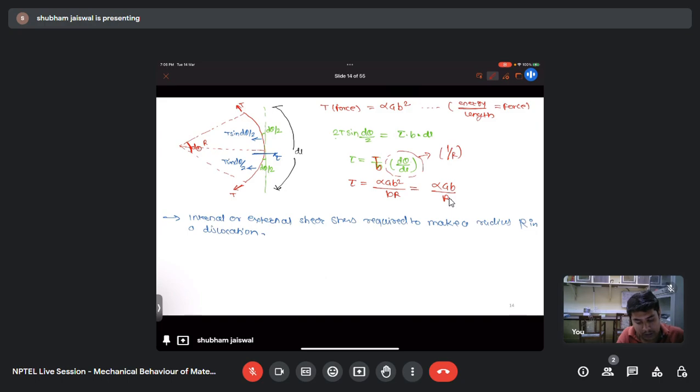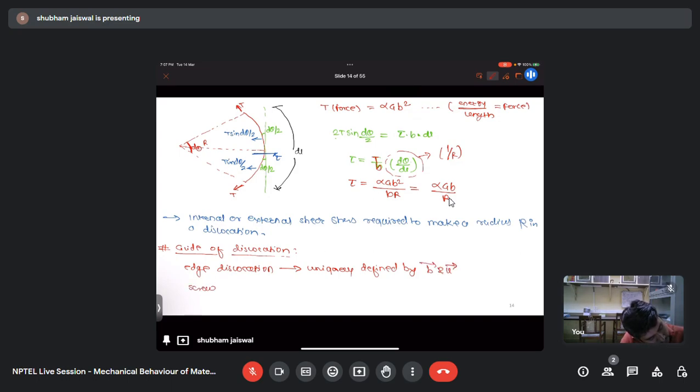Then we have seen the concept of glide of dislocation. In glide of dislocation, we have seen that in the edge dislocation, the glide plane is uniquely defined by Burgers vector and the line vector.